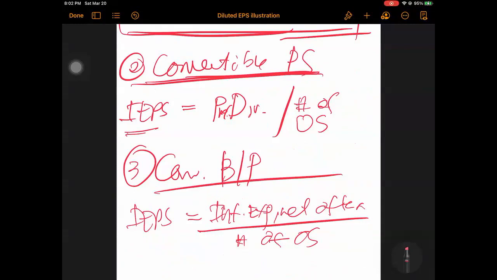So kung kinsay lower ani sa ila duha, mao to ang rank number 2. If the incremental earnings per share is lower than the basic earnings per share, the convertible preference or the convertible bonds is probably dilutive. Okay, let's have the illustration para mas maklaro.